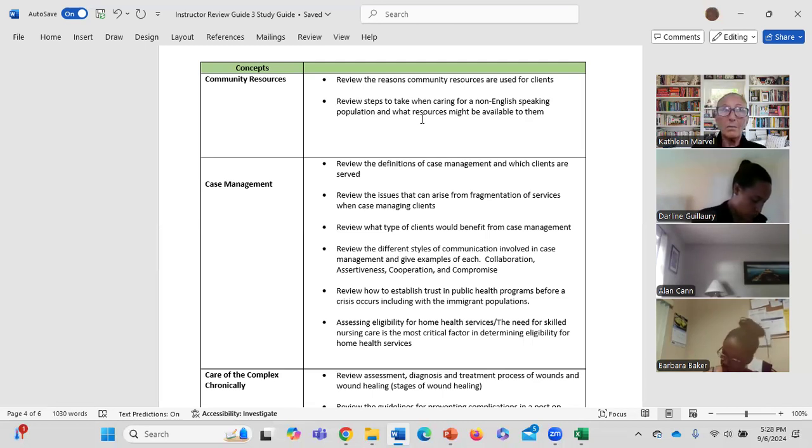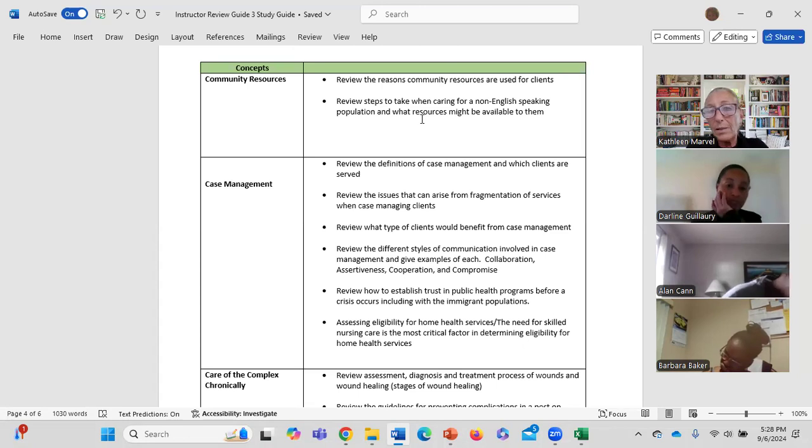Maybe they're a victim of domestic violence and they need a safe shelter. Maybe it's a pregnant teen that needs OB care, education. Maybe it's an elderly person with a chronic health disease. They may need different resources.